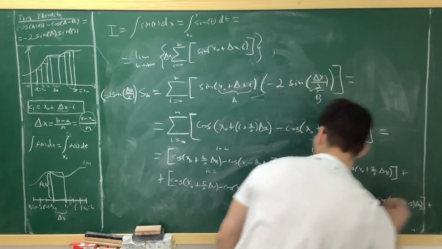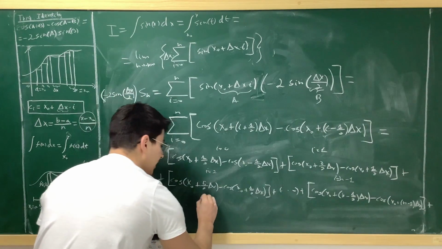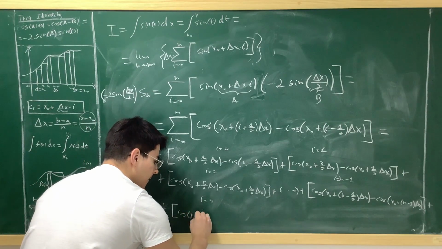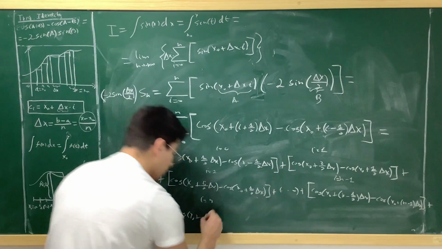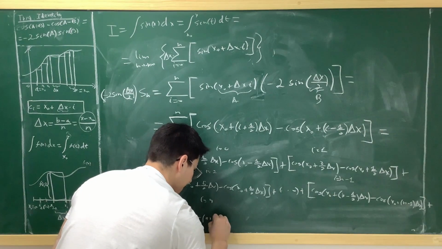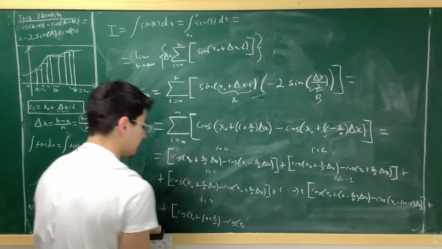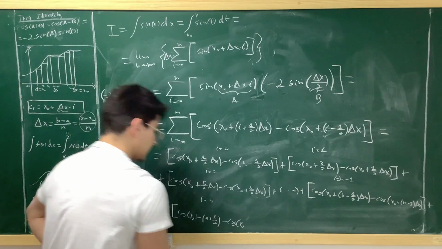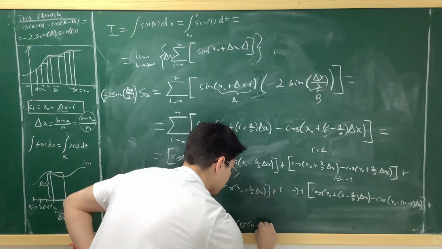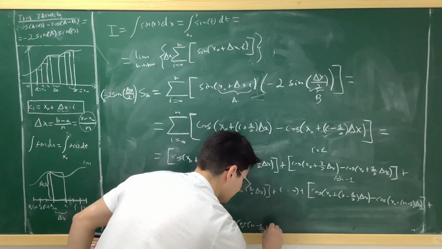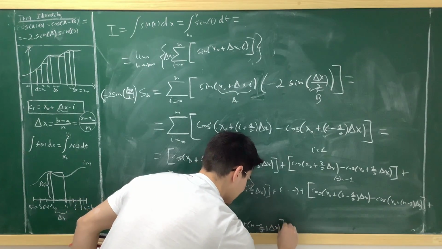Well, just going up for the last term, where i equals n, we get the cosine of x naught plus n plus 1/2, minus the cosine of x naught plus n minus 1/2.